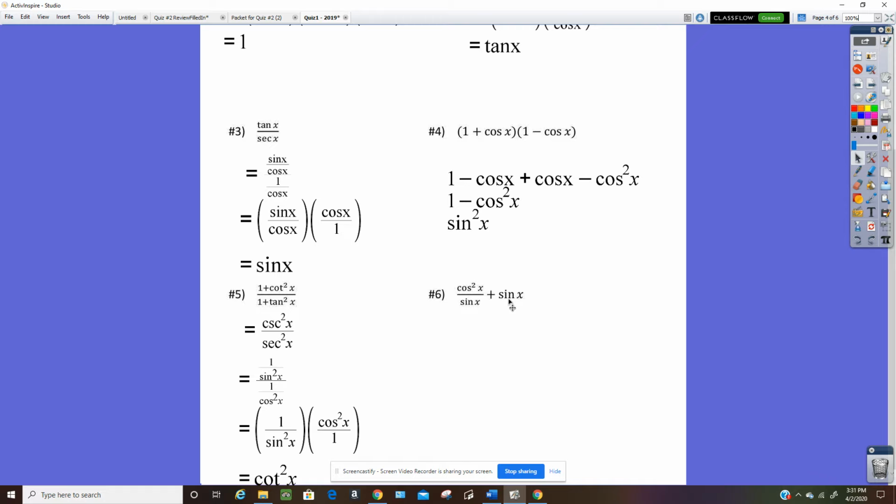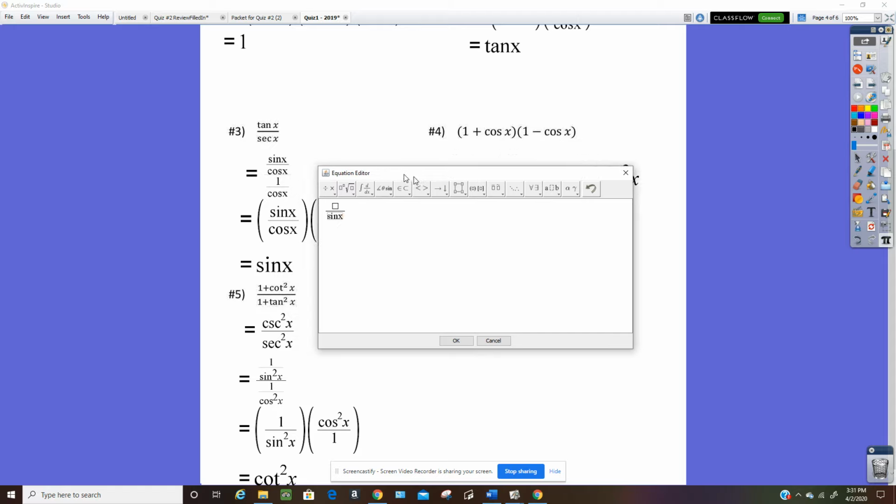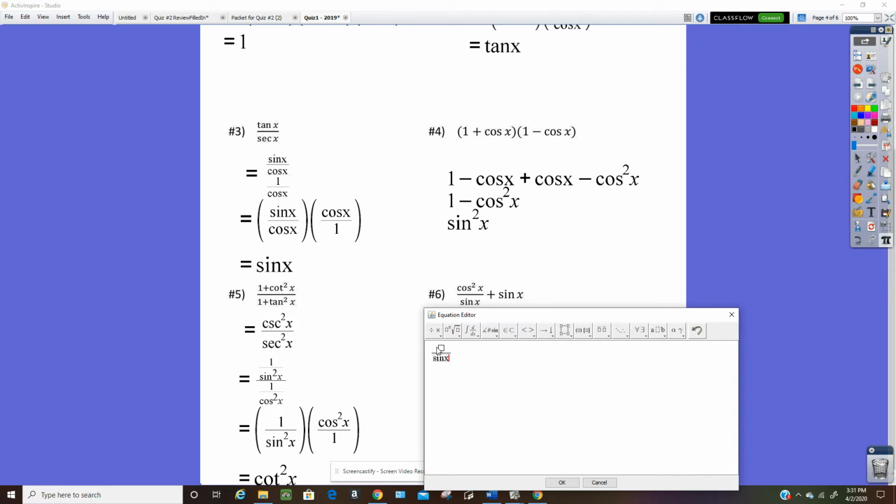All right, and then this one here, you need to get a common denominator of sine x. And then in the numerator, I have cosine squared x. And if I multiply this by sine x, then I have sine squared x.